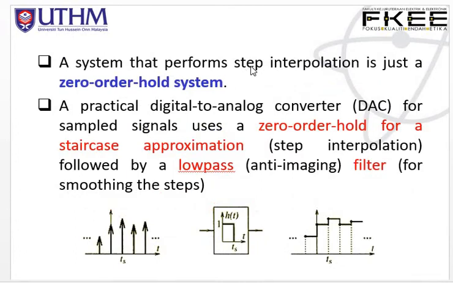A system that performs step interpolation is just a zero-order hold system because it is a staircase approximation. A practical digital to analog converter, or DAC, for sampled signals uses a zero-order hold for a staircase approximation, followed by a low-pass filter for smoothing the steps.